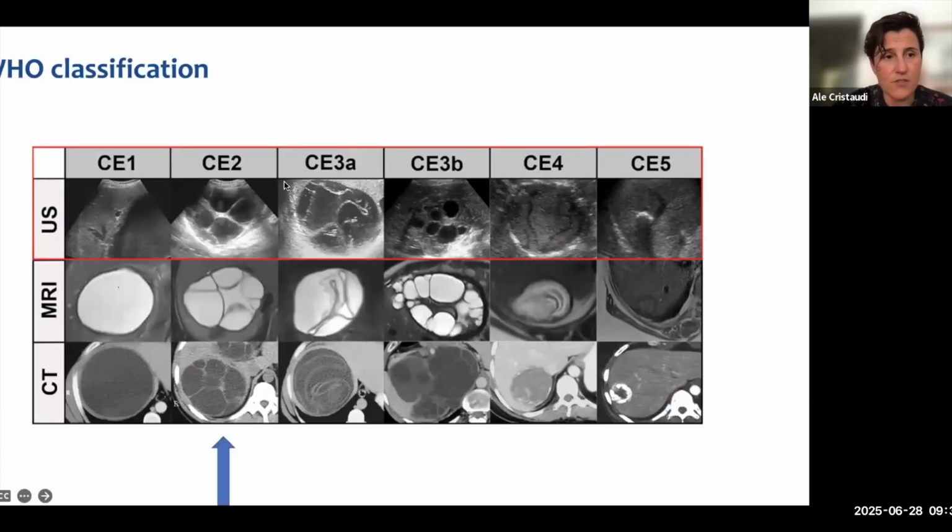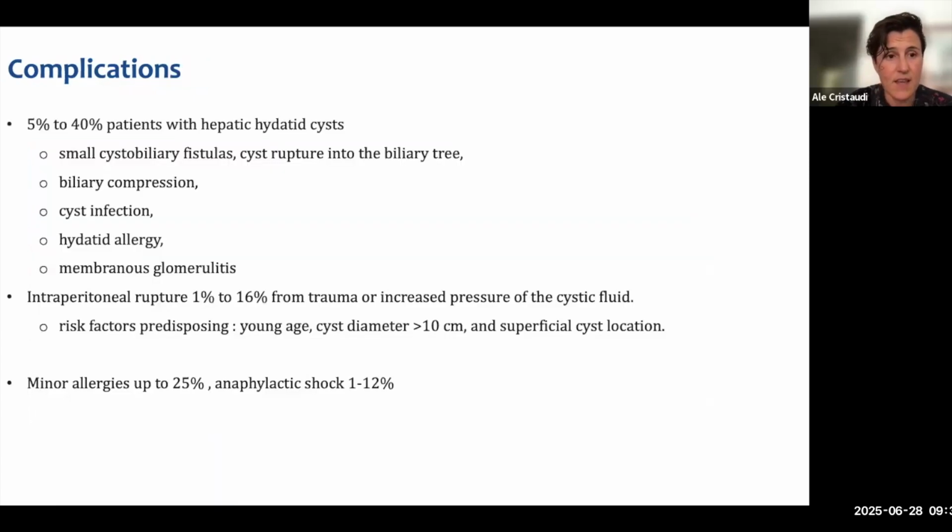And according to the World Health Organization, the classification of this hydatid cyst is CE2, which is an active phase, developing daughter cysts from the proligerous membrane inside the main cyst. The intraperitoneal rupture is a quite rare complication compared to biliary fistulas. But actually in this patient, the risk could be an anaphylactic shock, which he likely didn't develop.